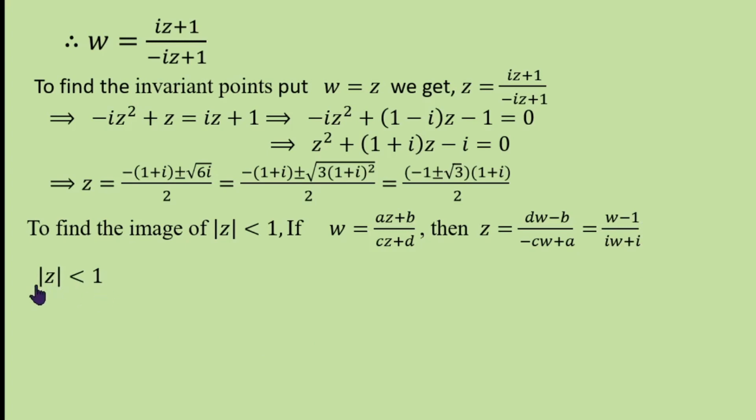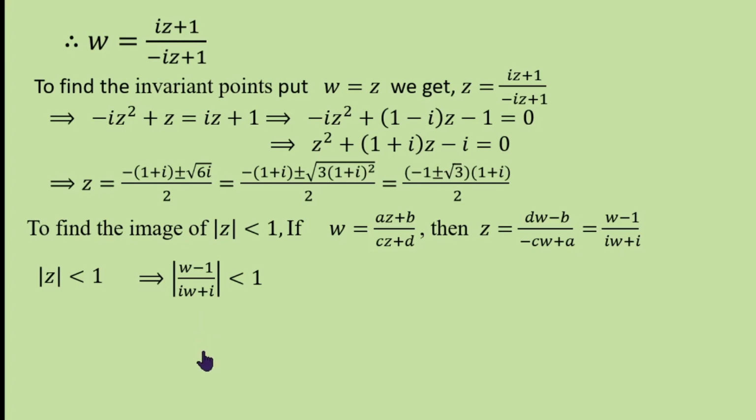Mod z less than 1: to find the image of mod z less than 1 means the interior of the circle. Mod z is root x square plus y square. Less than 1 means x square plus y square is less than 1. X square plus y square equal to 1 means circle, and x square plus y square less than 1 means interior of that circle. Mod z less than 1 means modulus of (w minus 1) by (i into w plus 1) is less than 1.